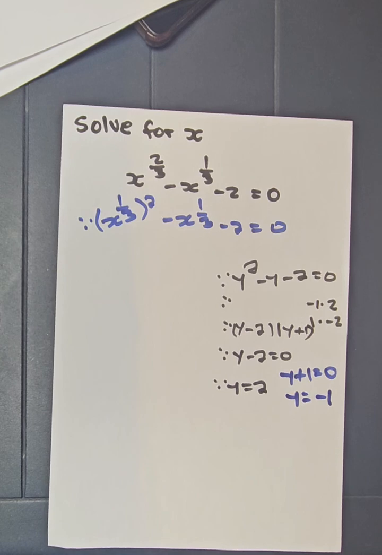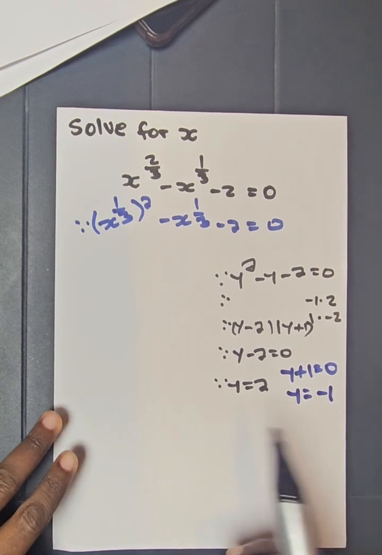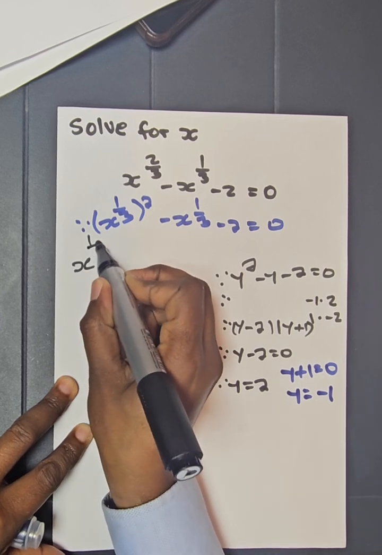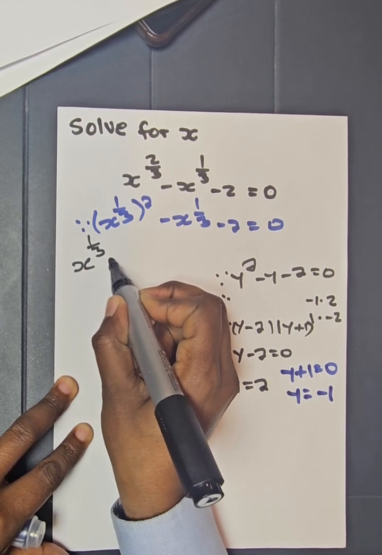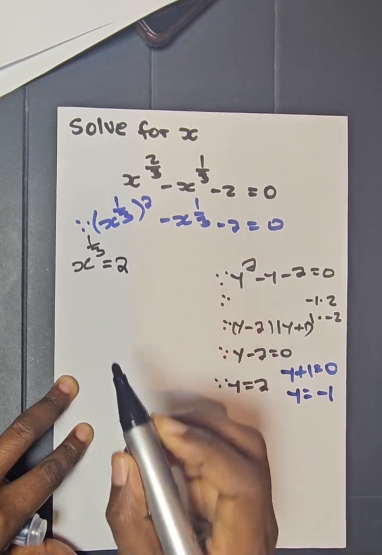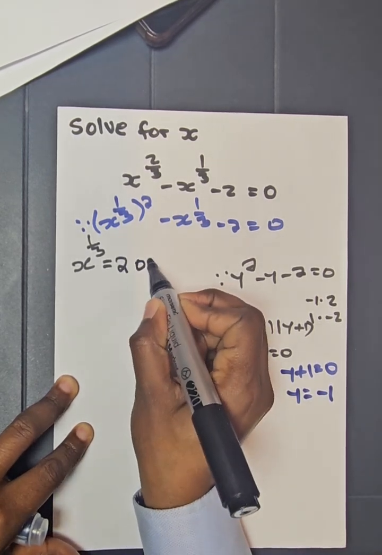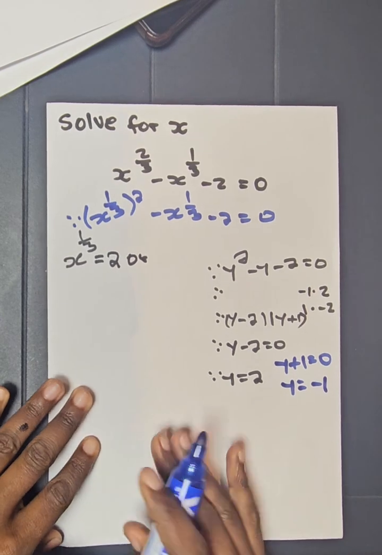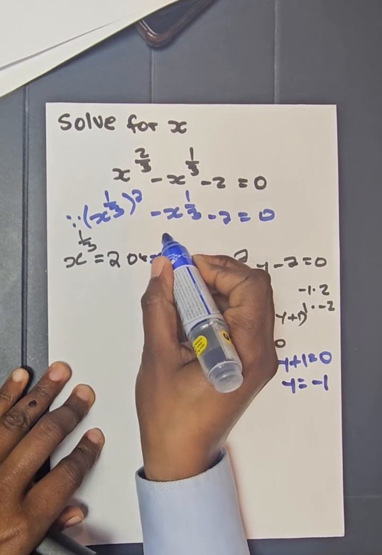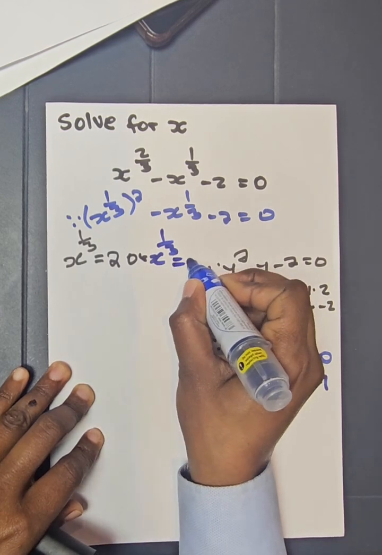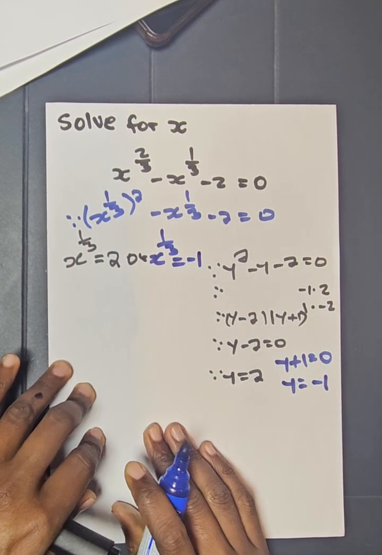Now, let's take our exponential equation, x raised to the power of 1 over 3, equal to the first solution, 2, or x to the power of 1 over 3 equal to -1.